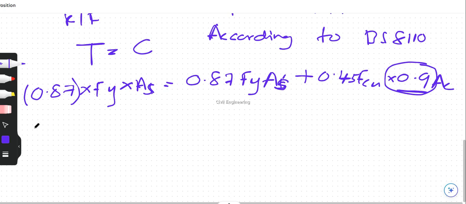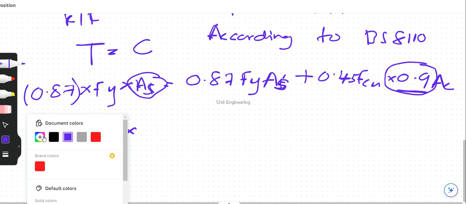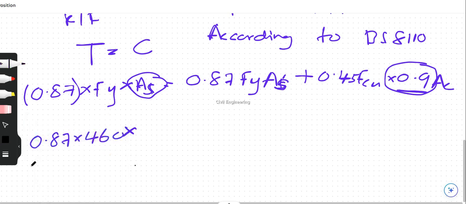Okay, let's substitute the values we know. 0.87, Fy is equal to 460, and As means the area of steel inside the tensile zone.